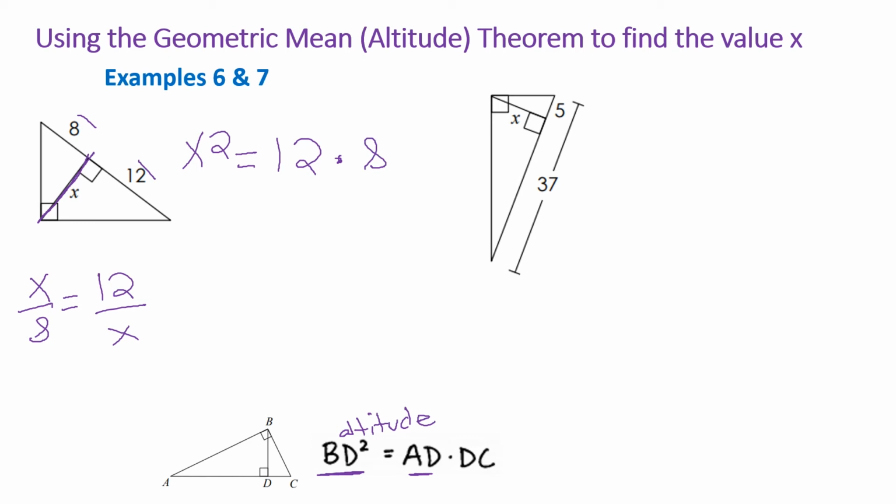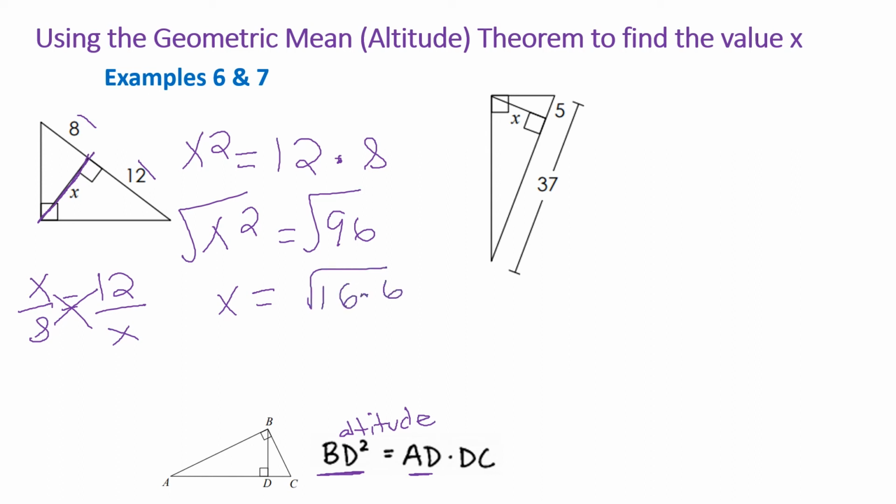If we cross multiply using the proportion, we get the same results. Simplifying, x squared is equal to 96. Taking the square root, two factors are 16 times 6, and the square root of 16 is 4, leaving an imperfect square under the radical.